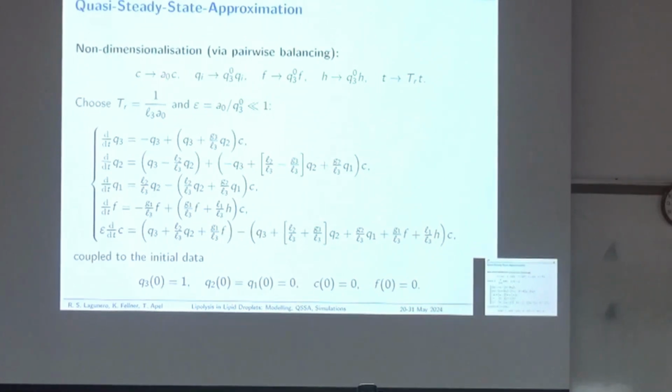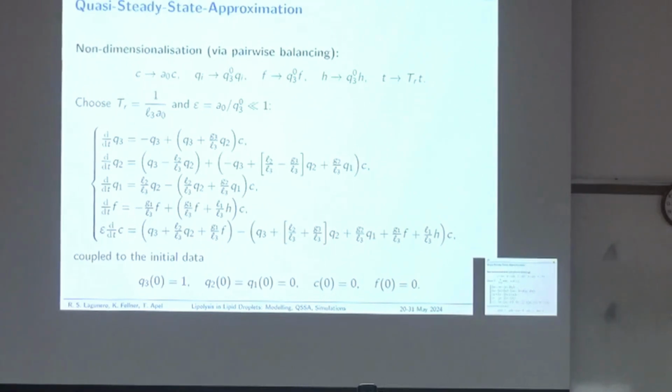So for the complex, I'm using the initial ATGL. For the substrates, fatty acids, and H, which is the H2O concentration, I'm using the substrates' initial data for DG. And then crucial also to non-dimensionalization and QSSA is the proper time reference. Normally what you do here is to look at a fast time scale and a slow time scale.